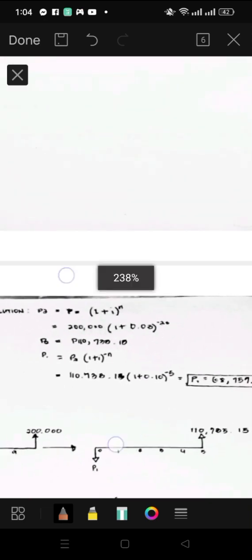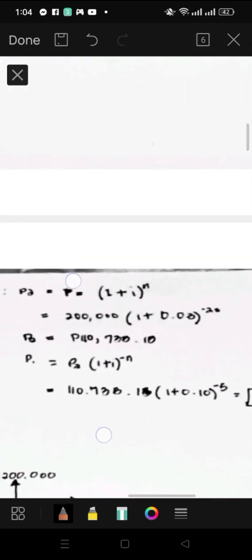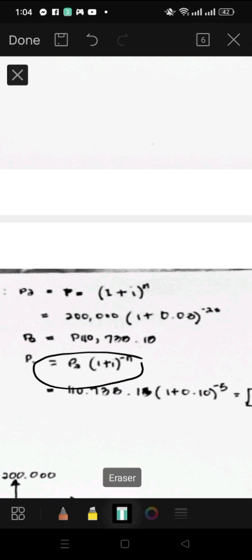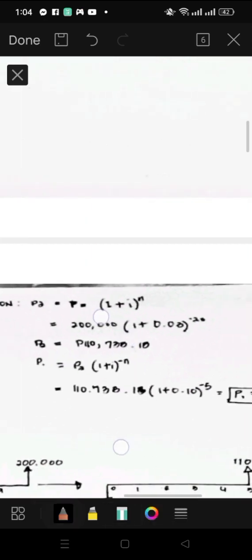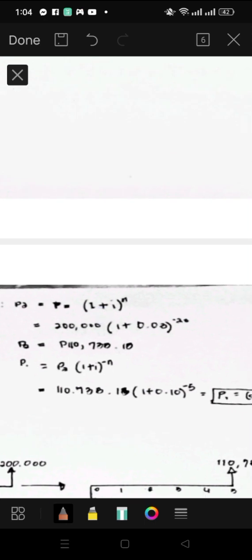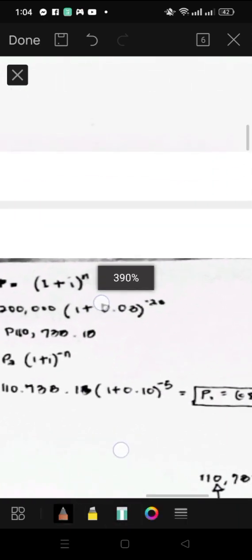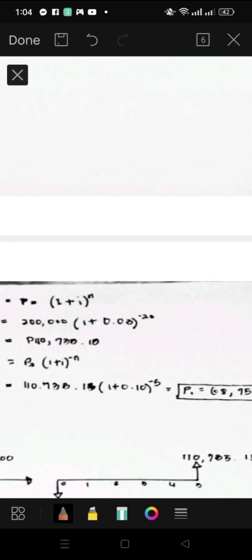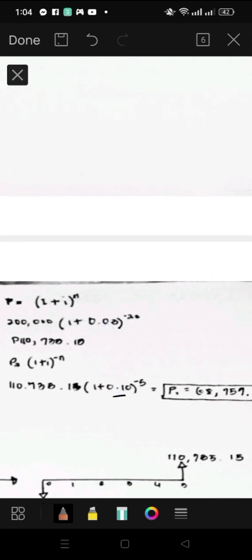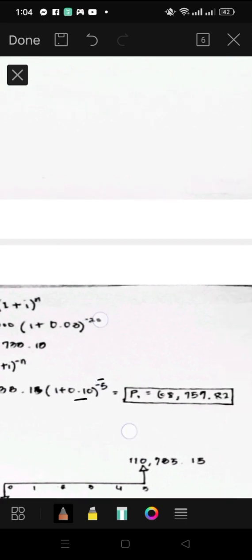P1 is equal to P2 times the quantity 1 plus i raised to the power of negative n, which is 110,735.151 multiplied by the quantity of 1 plus 0.10 to the power of negative 5.